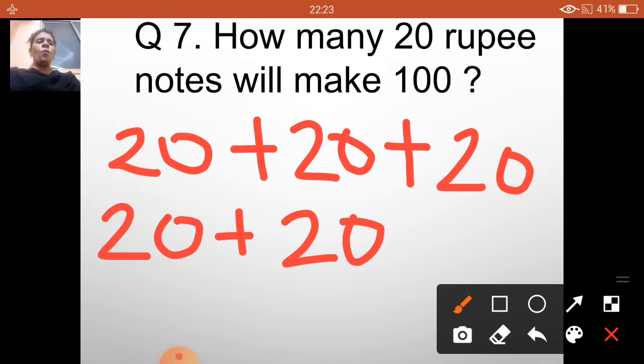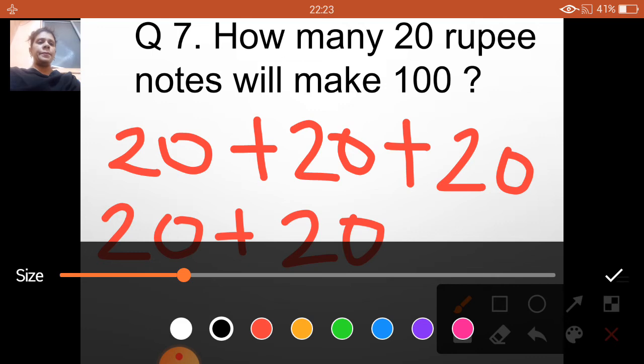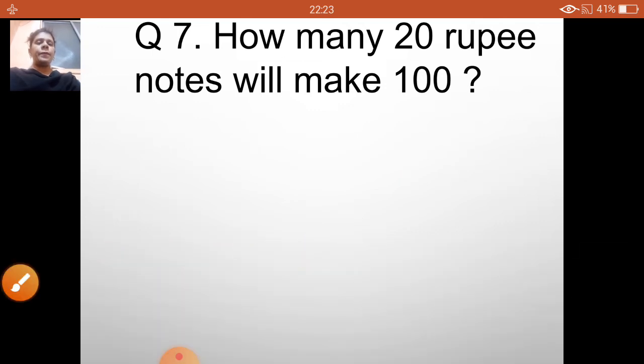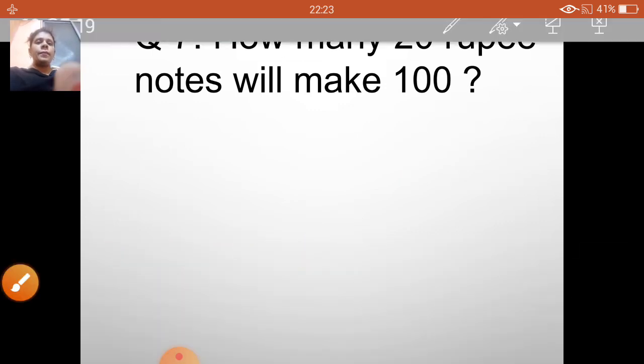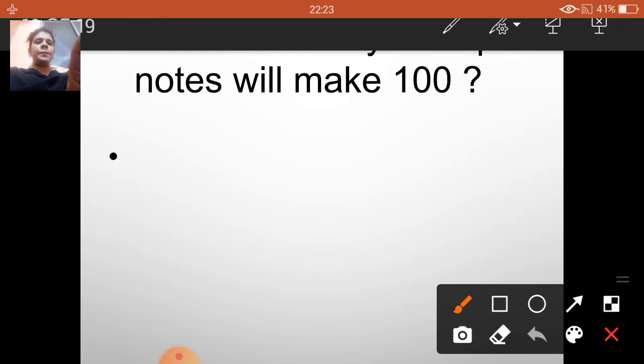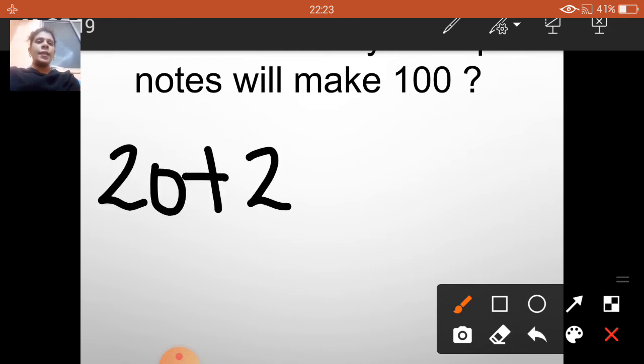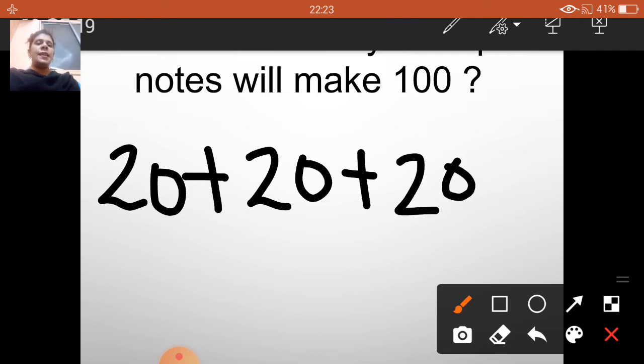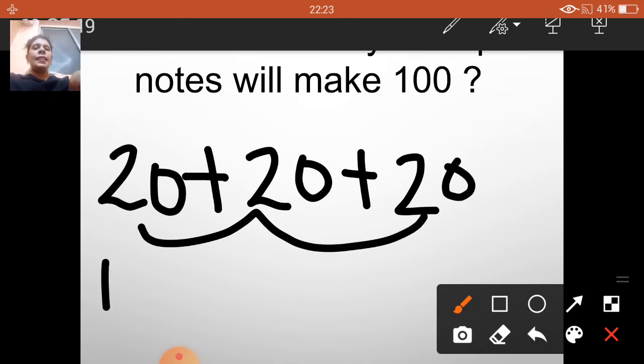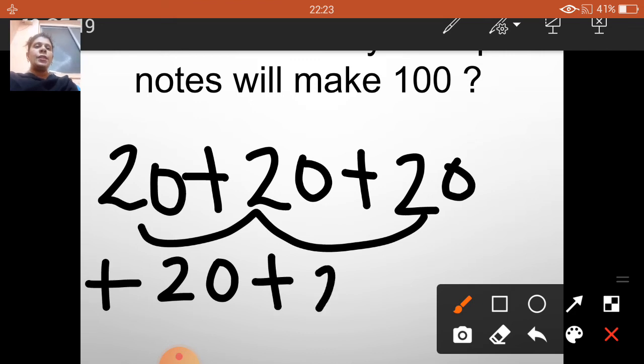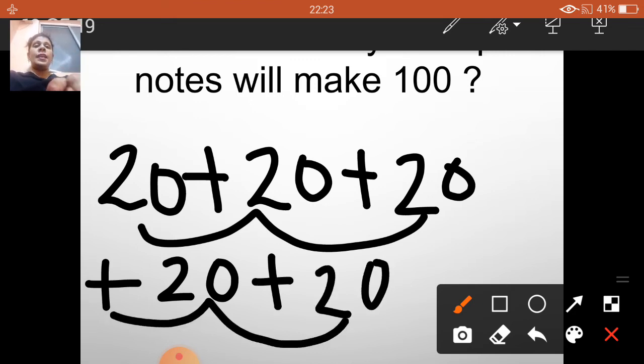So how many notes are we having? Let us see. 20 plus 20 plus 20, that is 20, 40, 60. Then plus 20 is 80, 80 plus 20 is 100.